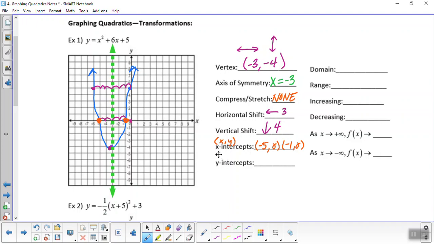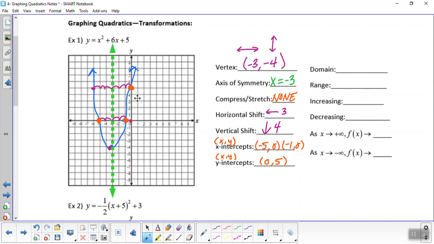Our y-intercept is another point at (x, y), and that's where it crosses the y-axis, which in this case is (0, 5). X and y intercepts should be a review from Algebra 1. And our domain and range, increasing and decreasing, and end behavior are all review from our first unit.